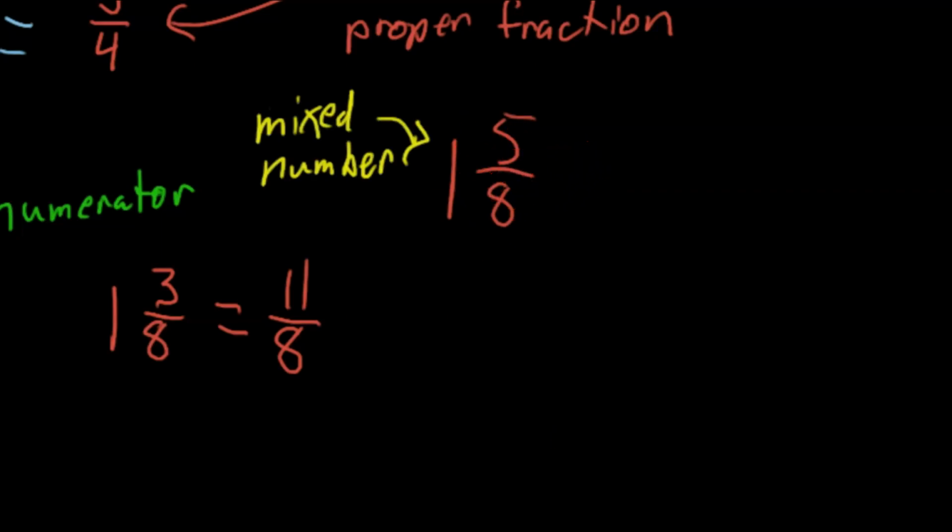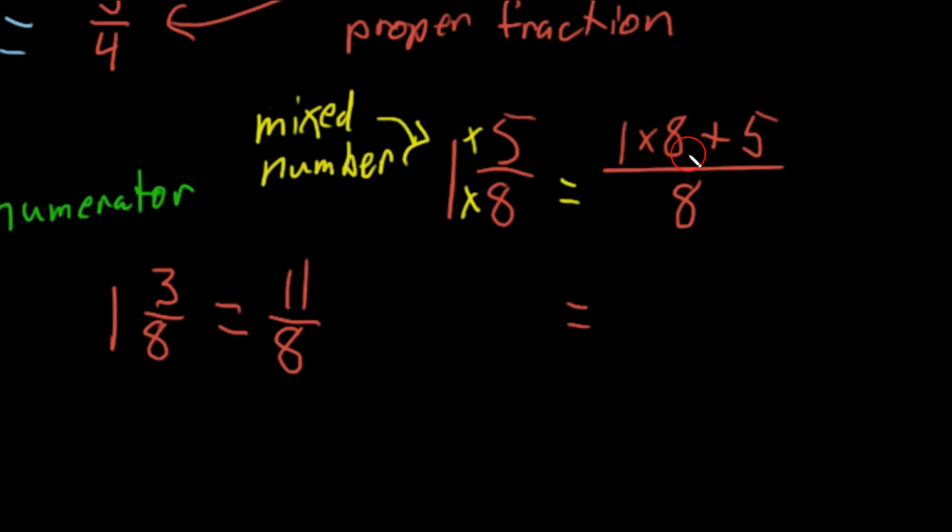With this mixed number, we can convert it into an improper fraction if we want to. We would do that by multiplying the whole number and the denominator, and then adding the result to the numerator. So this would be equal to 1 times 8, the whole number times the denominator, plus the numerator, and the denominator stays the same.